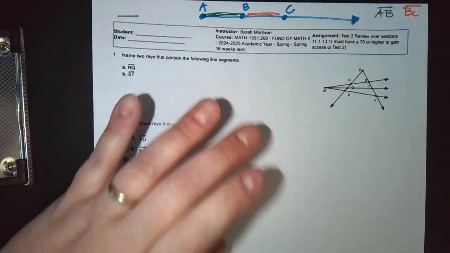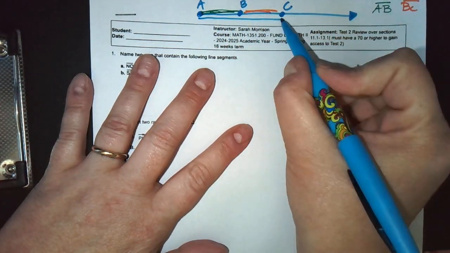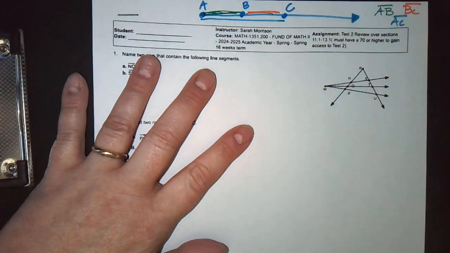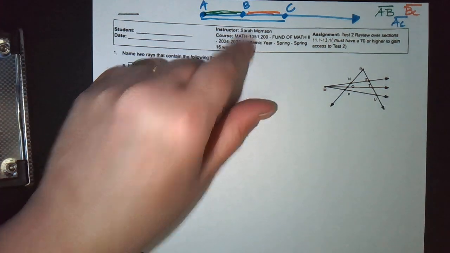I think you get the point. Or I could say that AC is up on this array. So I think you get the point.